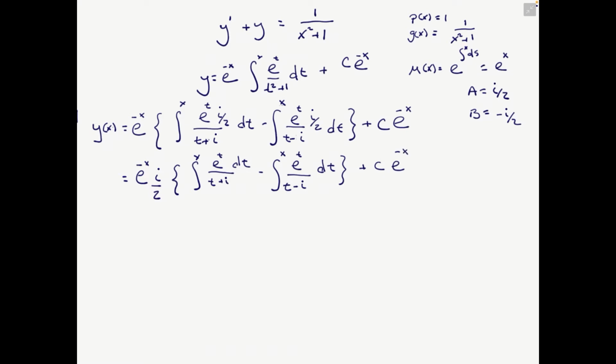Okay, so now we've broken it into partial fractions and simplified it a little bit. And if you notice, we really have something very similar to e to the t on t dt.